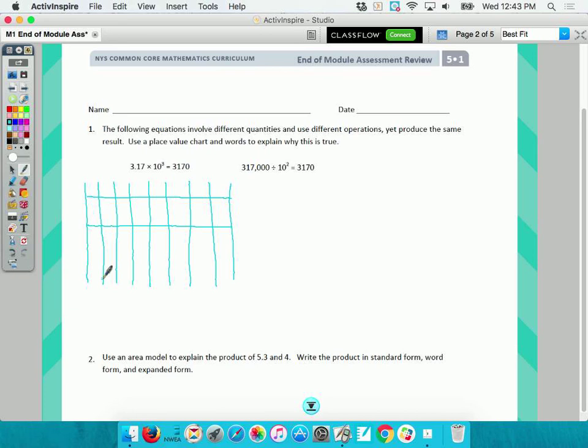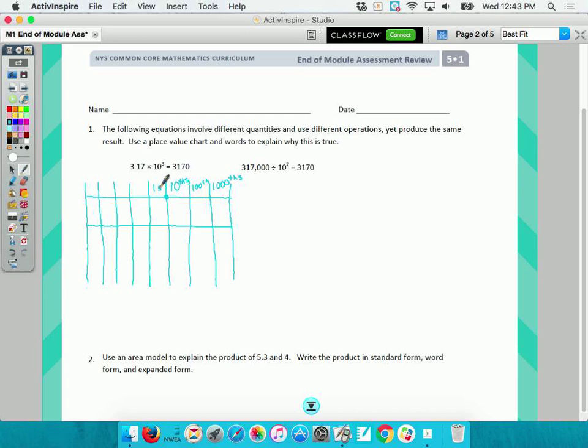And then we'll place the decimal here. So this is tenths, hundredths, thousandths.